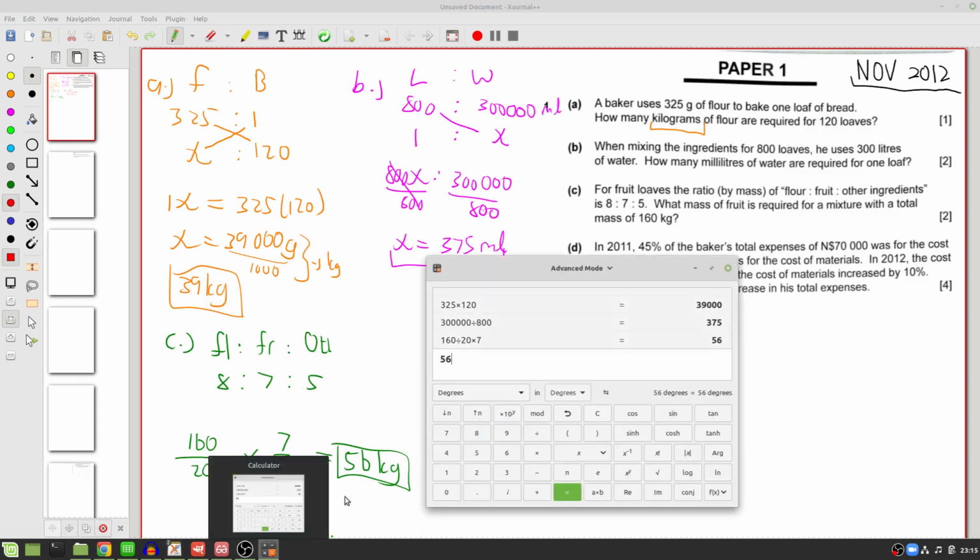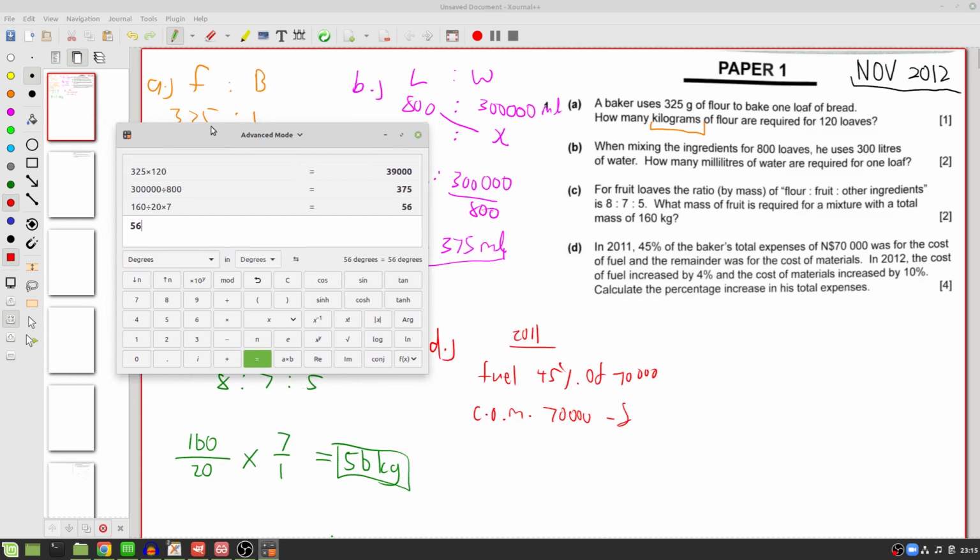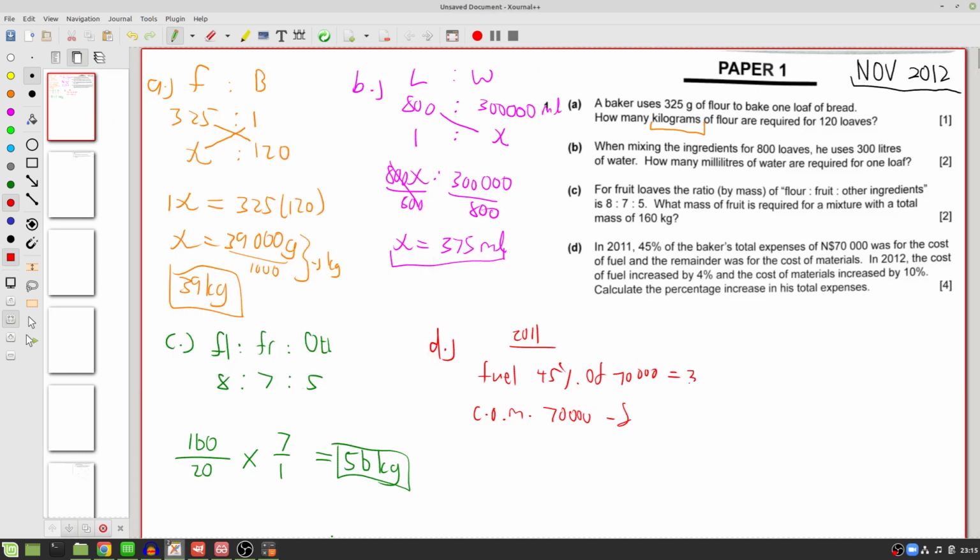So 45% of 70,000, how do we work that out? Well, percent just means per 100. So 45 out of 100 times 70,000. So that is 31,500. And the rest, the 70,000 minus the 31,500, will be the cost of materials.